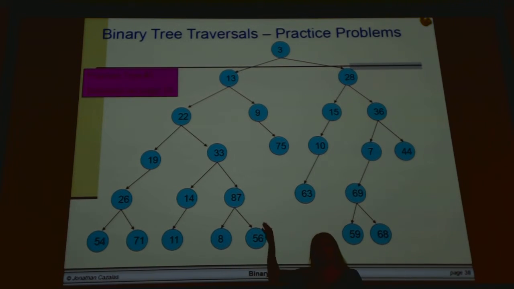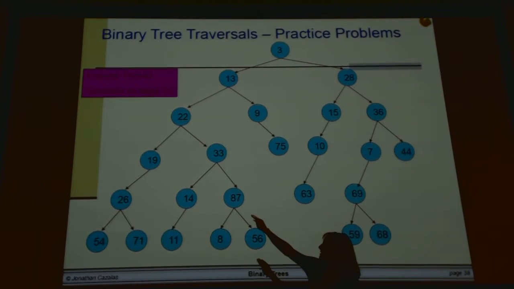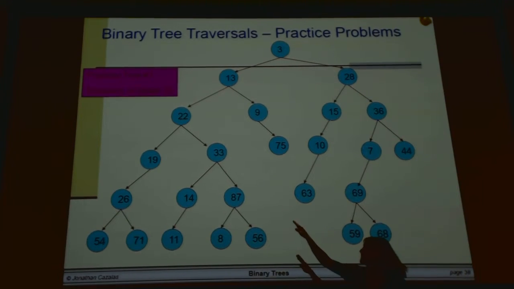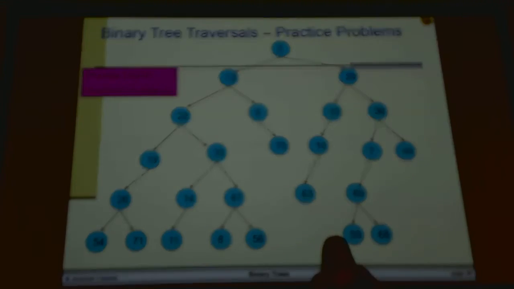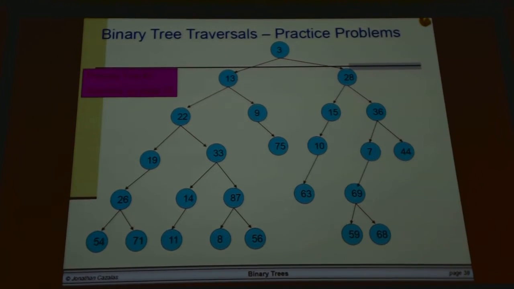Now we have to deal with 19 as a child. So look at this level here. 19, his parent is 22, and 22 also has a right. So think about that relationship right there, just those three nodes, and then apply the rules. In order says, I get to visit my left, my root, and then my right. Okay, so we roll up to our 22.